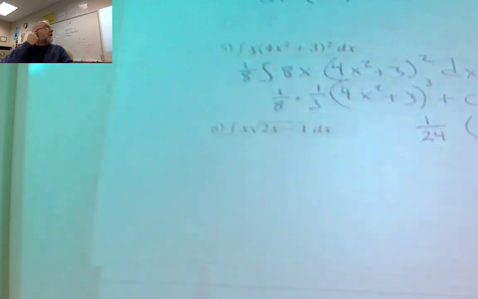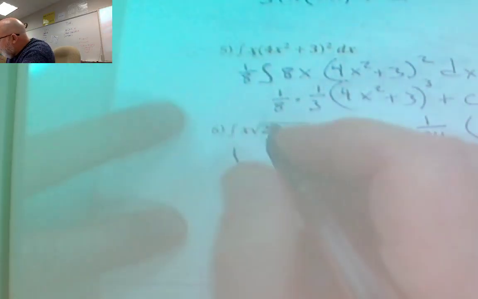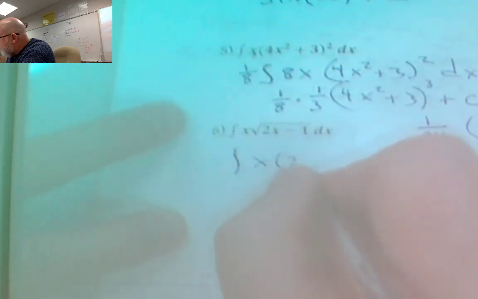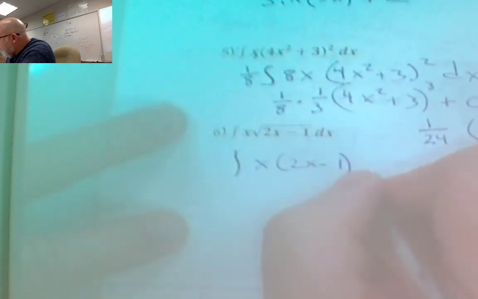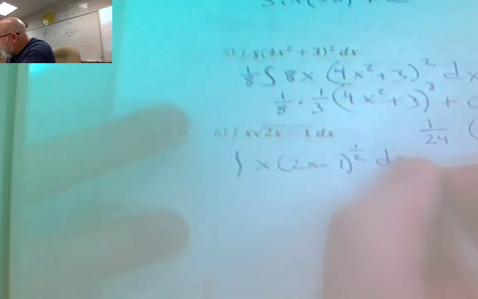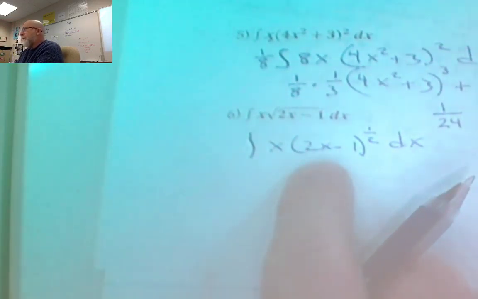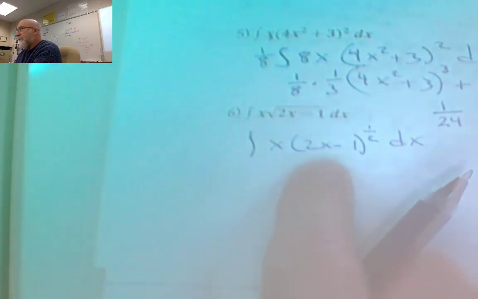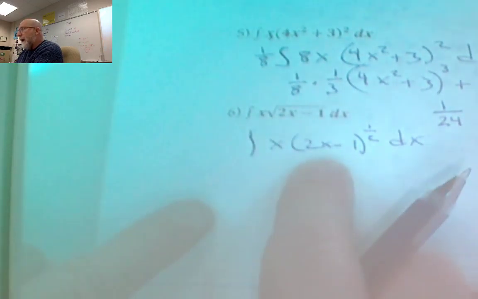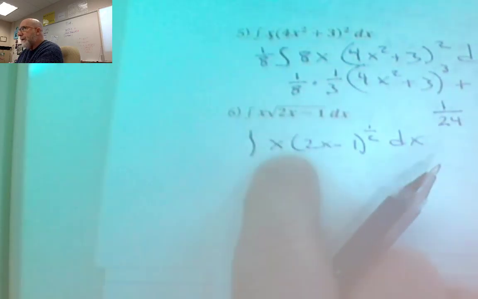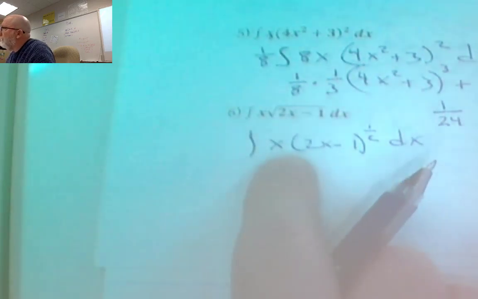Now, the problem with the last one is I can write it like this. There's my parentheses. And the derivative of parentheses is 2, correct? Right? And I got an x here. Now what do I do?